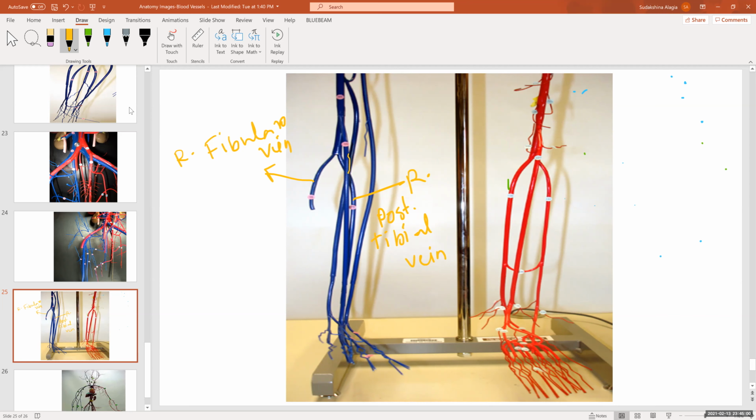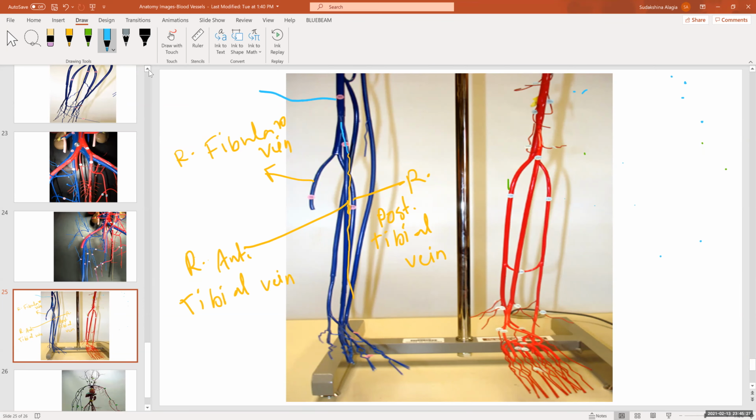And here, this is right anterior tibial vein. Right there, merging.